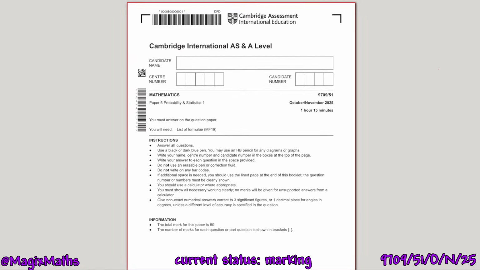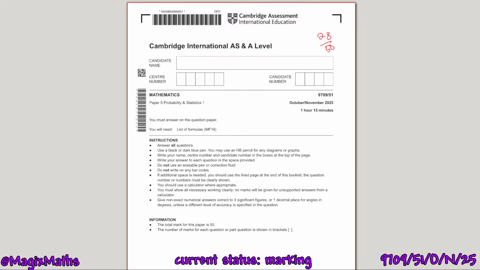So in total we have 28 marks out of 50. Sounds like a total failure, but we'll rebound on the next question paper we attempt. That's, yeah, 28 out of 50. It's just embarrassing.